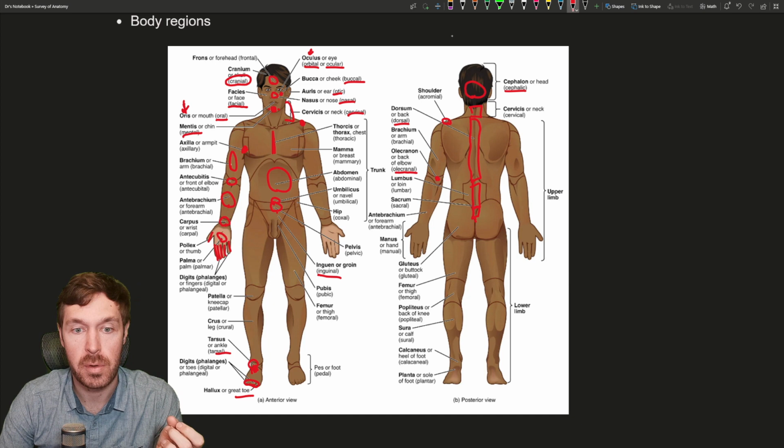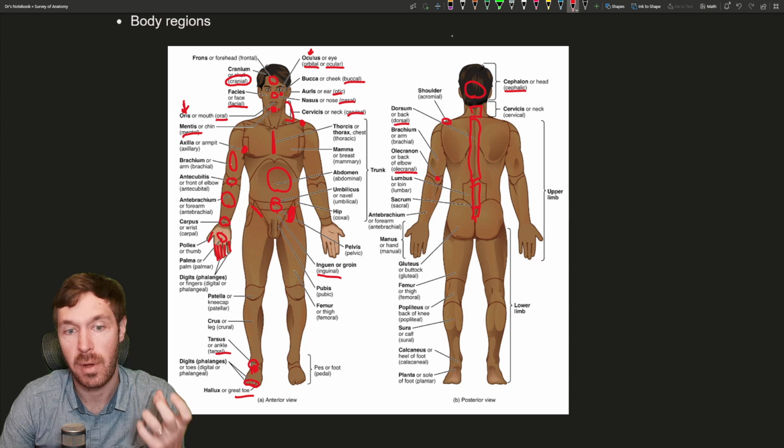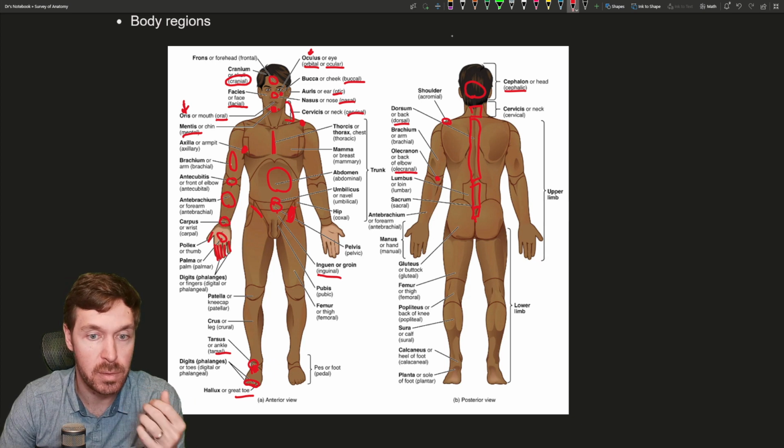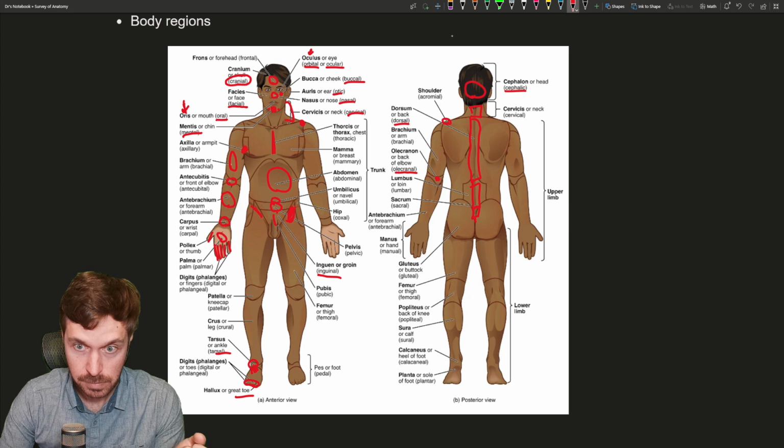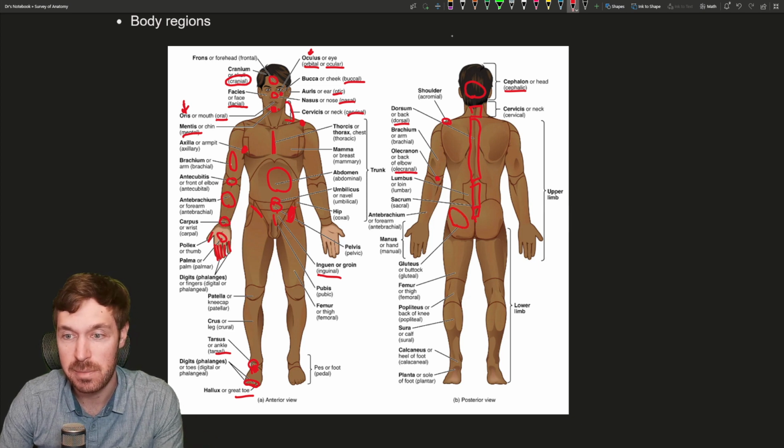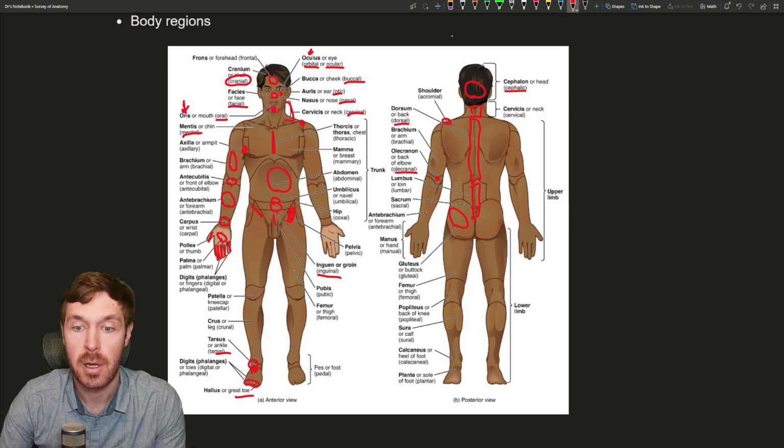Sometimes you have the iliac region out here as well. That's where you have the ilium of your hip bones, and then the pubic region as well, right here where the genitals are. And then on the back side, the gluteal region. So gluteus maximus, medius, minimus, the muscles back there.